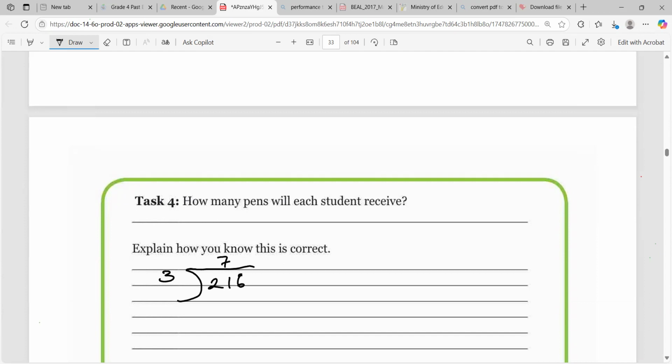Because there are 32 students, I divided 32 into 72 and I got 2, remainder 8. Each person will receive 2 pens.